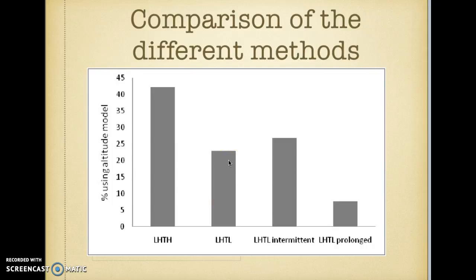This is the live high, train low method, comparing how many people use that method of training. The live high, train low intermediate level shows how many people are using that method, and the live high, train low prolonged, which is really dangerous, goes over the amount of time they prefer, like over the 4-week period of time.